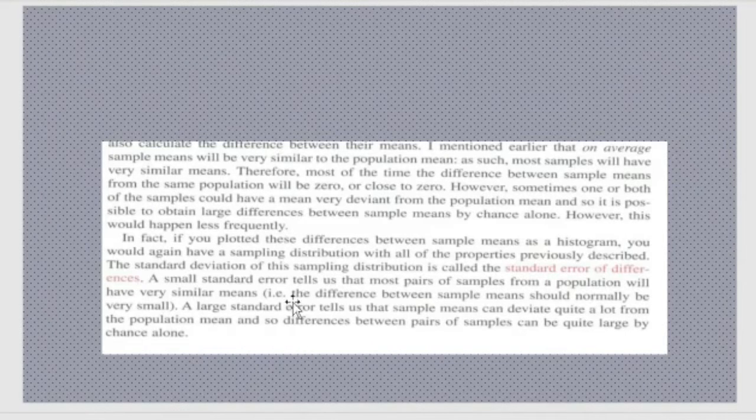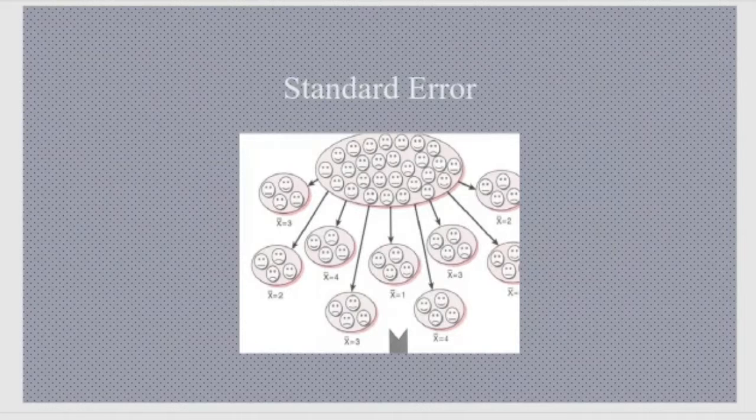But if the standard error is small, then we can say they do not differ from each other. So they are taken from the same population and they do not differ from each other. So it is expected that our standard error is always small. If we have taken the sample from the same population, then it is expected that standard error is less. Okay, it is clear now.